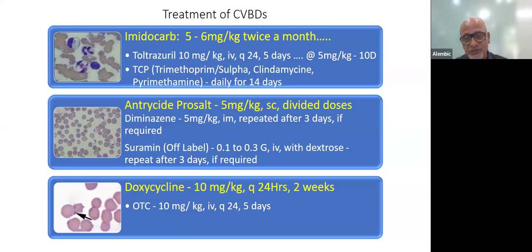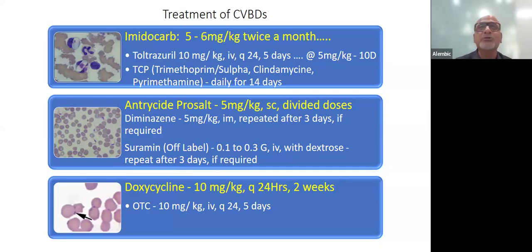For oral medication, the dose rate remains the same. But with a caution, I would like to say here that there may be digestive disturbances in dogs when you give toltrazuril. But in my clinical practice, it responds very well to imidocarb. And whenever there was a problem in eliminating the organism, I have also tried diminazine for this.